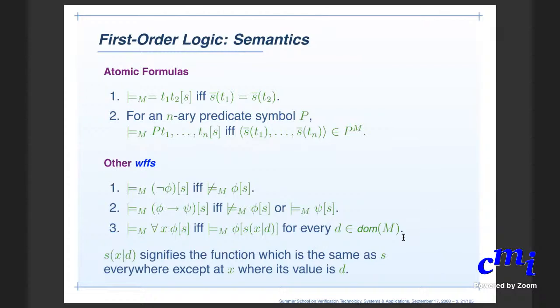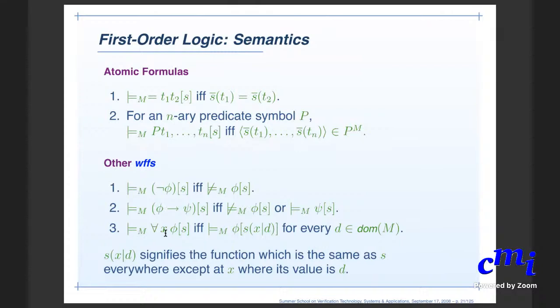There is a corner case here, which is usually not explicitly presented. What happens for a model in which the domain is empty? Because that's also a model. A model can choose to have an empty domain. In that case, what would the meaning of this formula be?